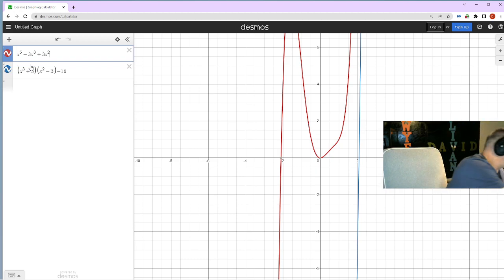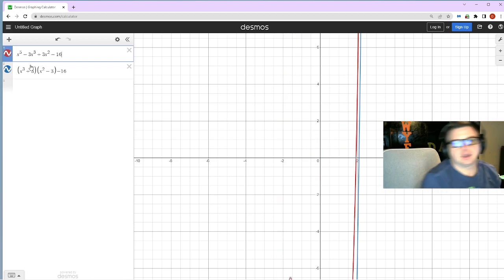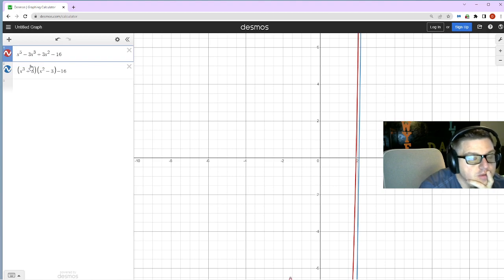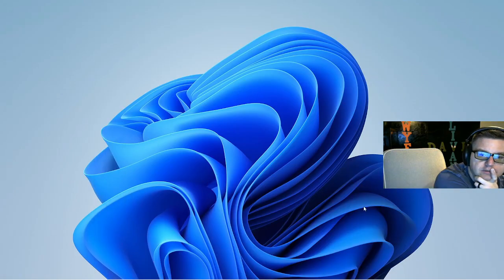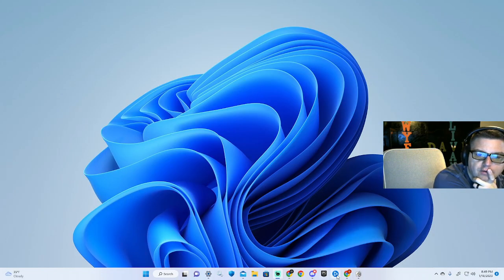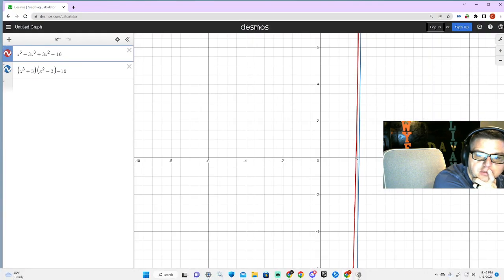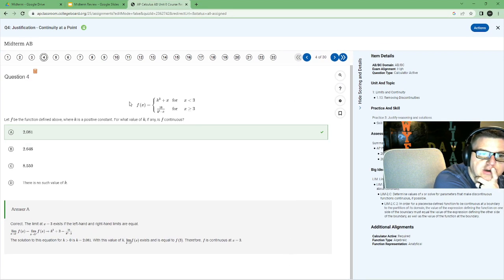And then we have to move the 16 to the other side in that. Interesting. Yeah, that one would definitely be a calculator problem for sure, because they want you to graph that. Oof. Nasty one.